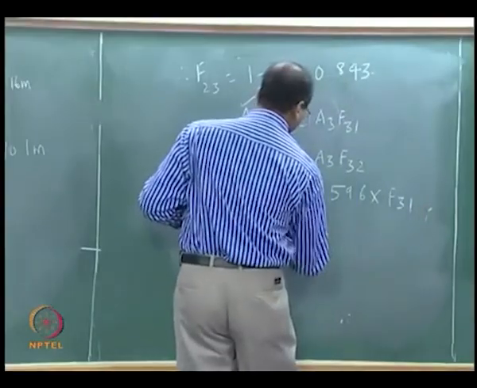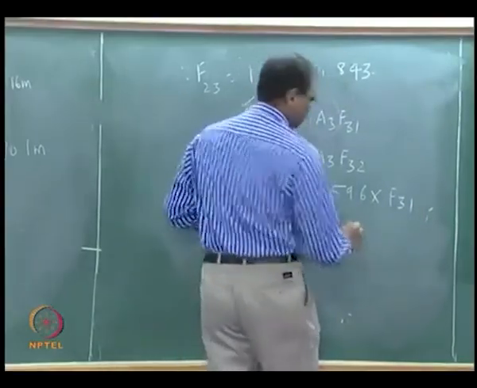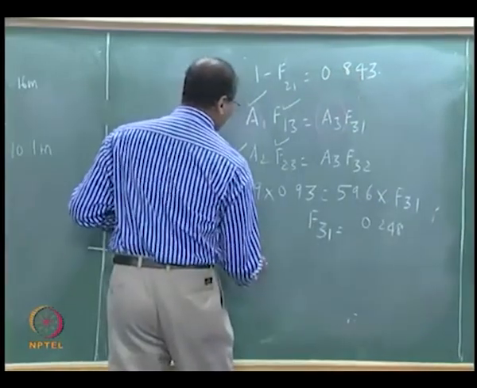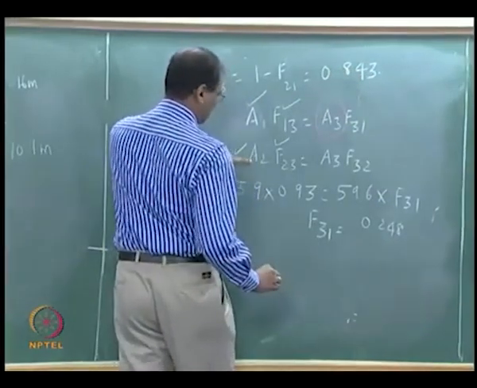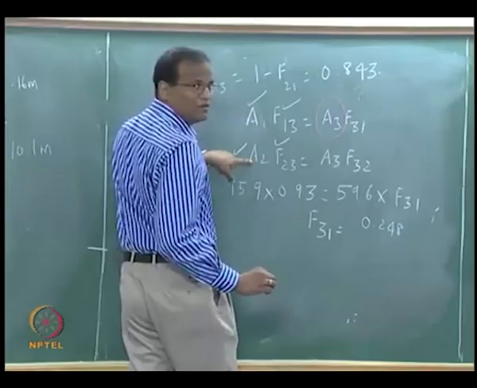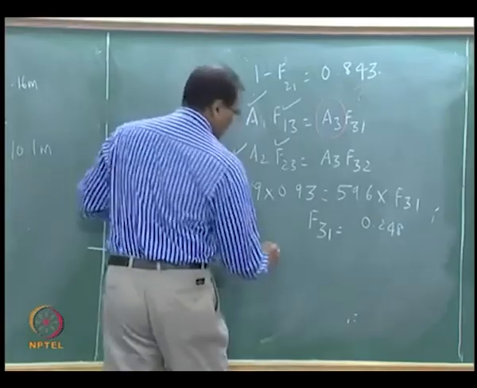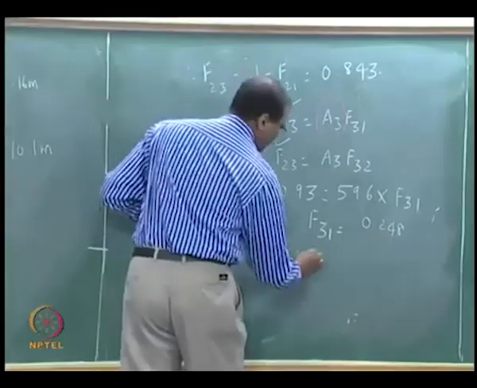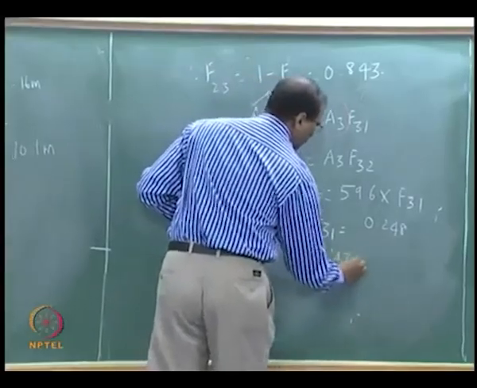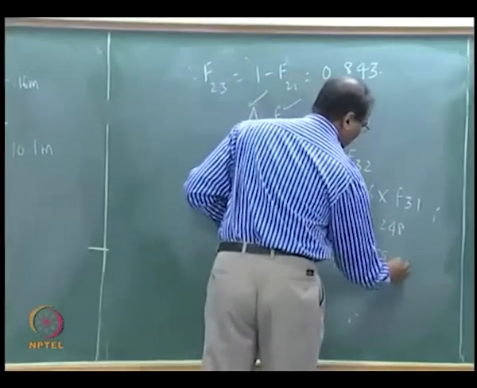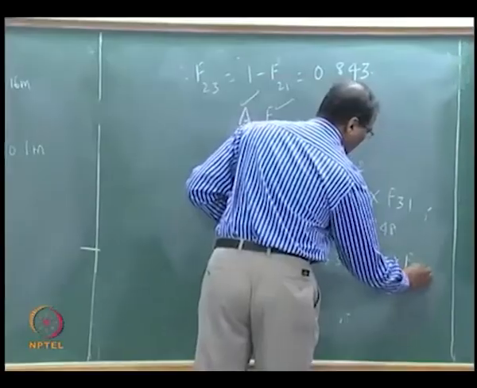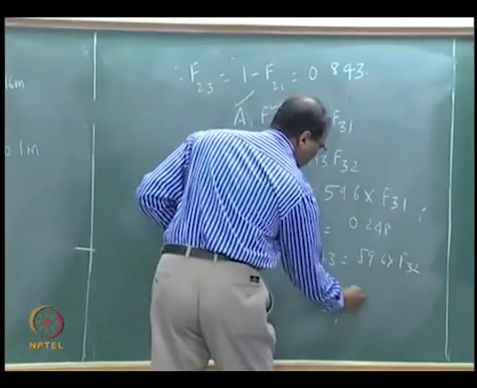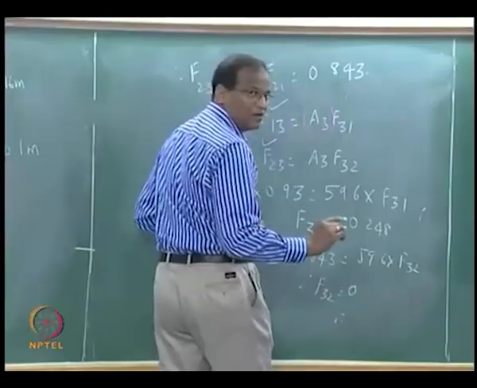F31 point, okay, very good. Similarly, A2 7 point, F23, F32 equal to 0.1.